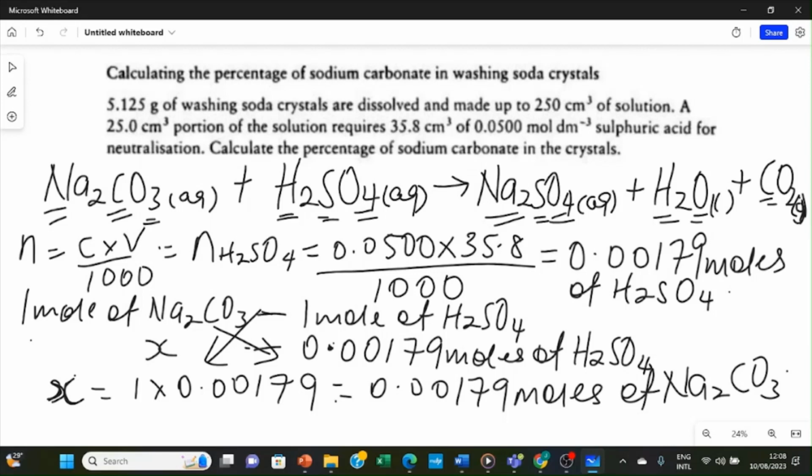So we are going to calculate the number of moles of sodium carbonate in 250 cm3. So I'm going to erase this so that I'll have enough space to solve.